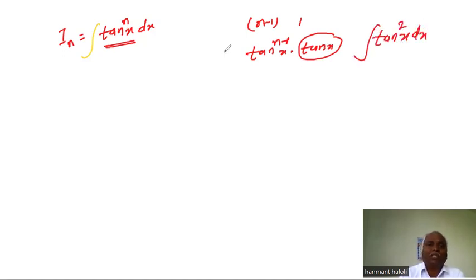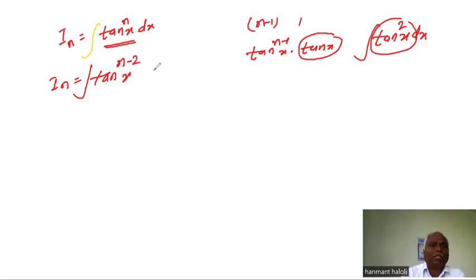You can split this integrand so that we have an integrable function. That's why such an integral can be split into tan^(n-2) x as one term, and the second term tan square x dx. And tan square you can convert into sec square minus 1 by using the identity. Like that, for sec, cot and cosec also, you can split into the double powers.